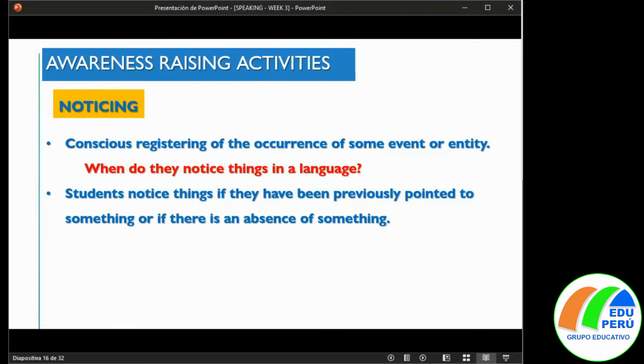Notice, they could notice this new vocabulary and they could recognize it. Yes, I got it. Or the other one, when they see that they don't have this knowledge, something is missing.